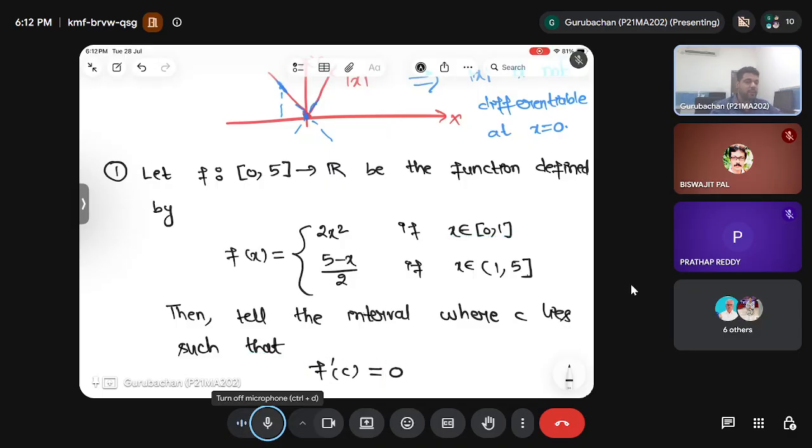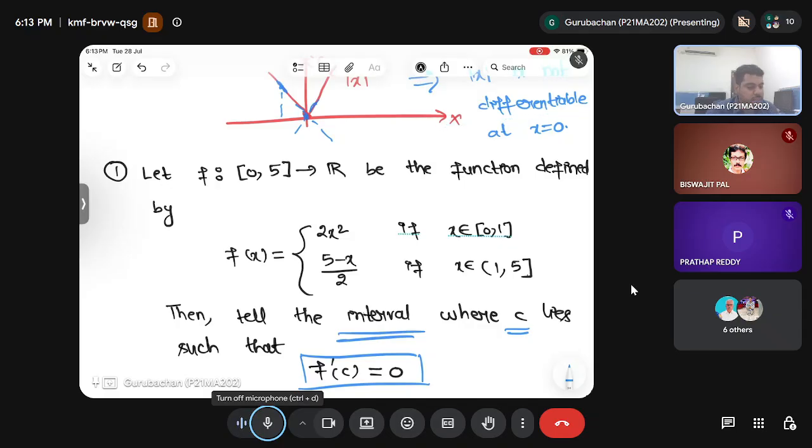So ultimately we need to check whether this function satisfies the hypothesis of Rolle's theorem, and if it is satisfying, then we need to guarantee in which interval this C exists such that f dash of C is 0.